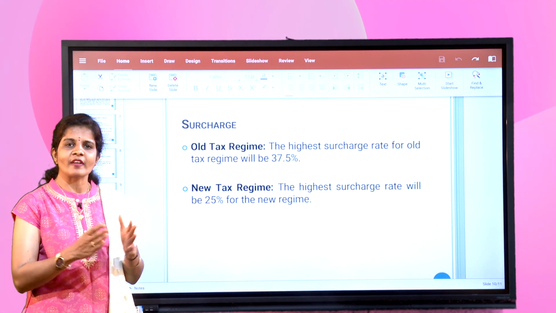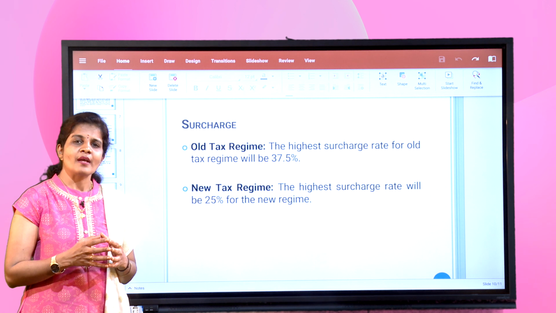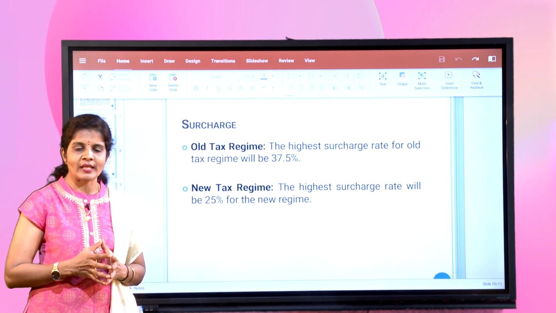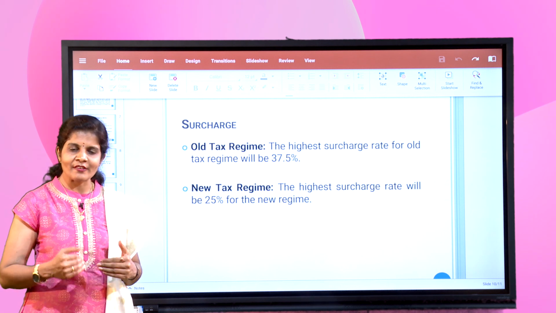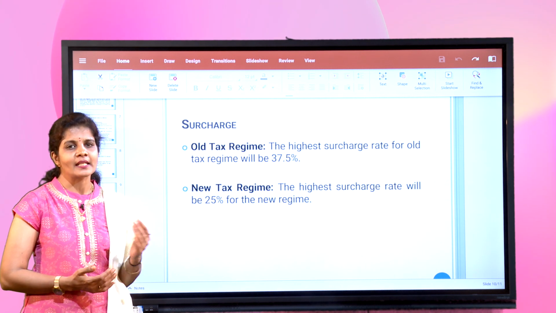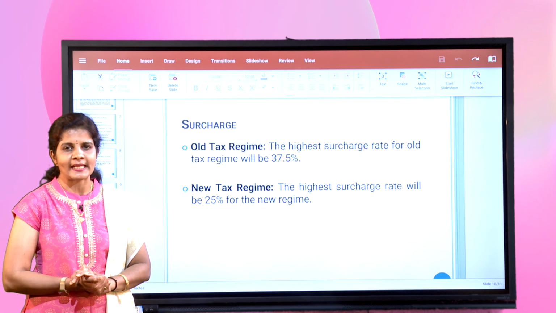Like this, we have various slab rates. There are benefits under old tax regime as well as under new tax regime. We have both benefits, drawbacks as well as advantages under both new tax regime as well as old tax regime.